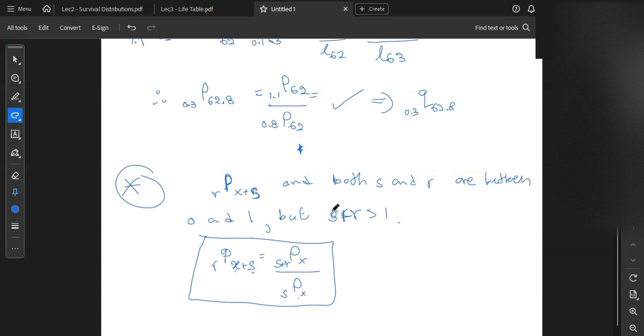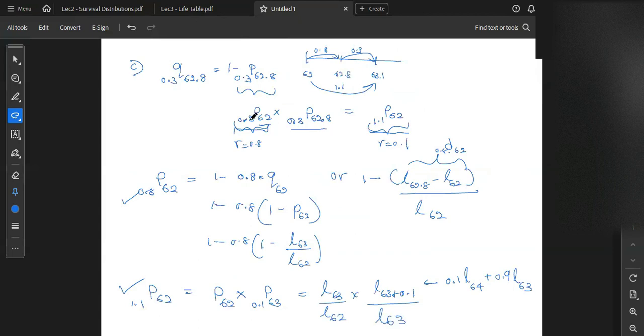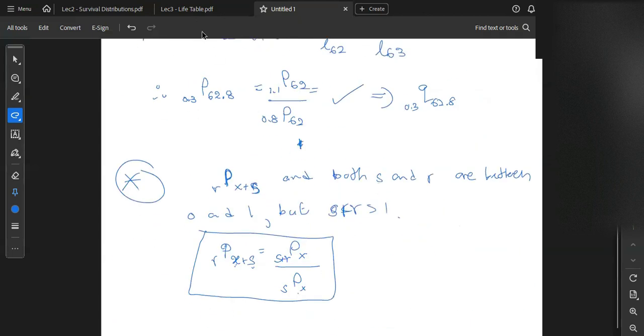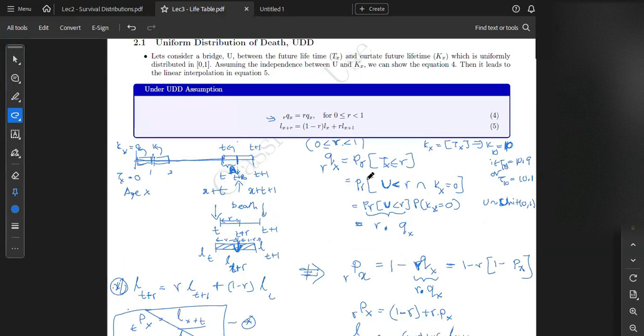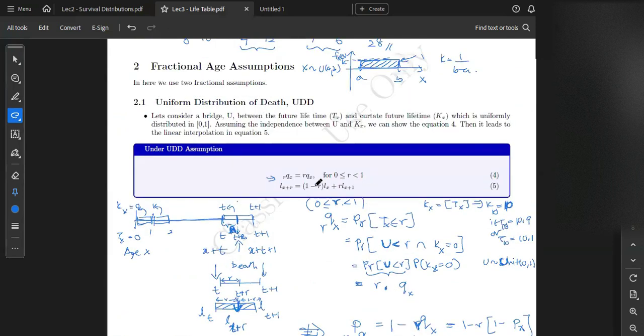But if this was less than 1, that means the summation is still in between 0 and 1, you can use the same assumption in here because it's in between 0 and 1. You can stick to this and find this value.